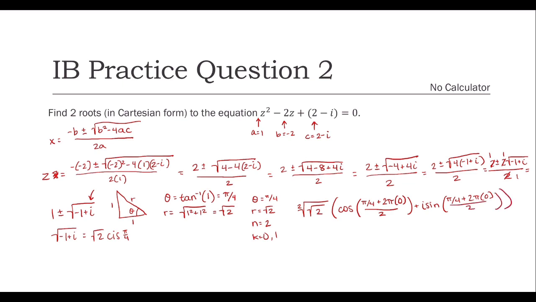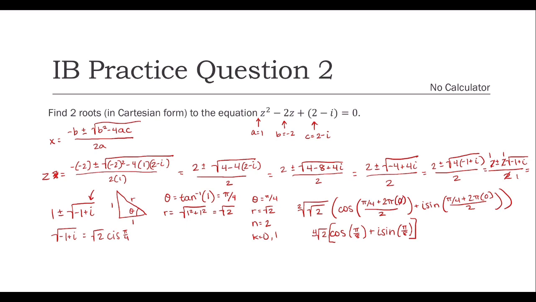So our square root of the square root of 2 is our fourth root of 2 times the cosine of pi over 4 plus 2 pi times 0, so pi over 4 plus 0. So pi over 4 divided by 2, so pi over 8. And we'll have that whole cosine plus i times the sine of the same thing, so pi over 8.